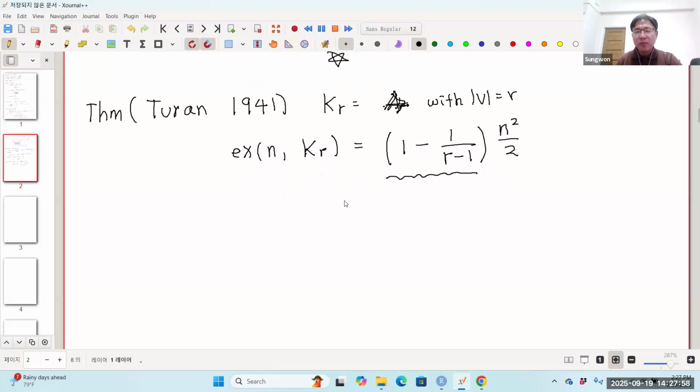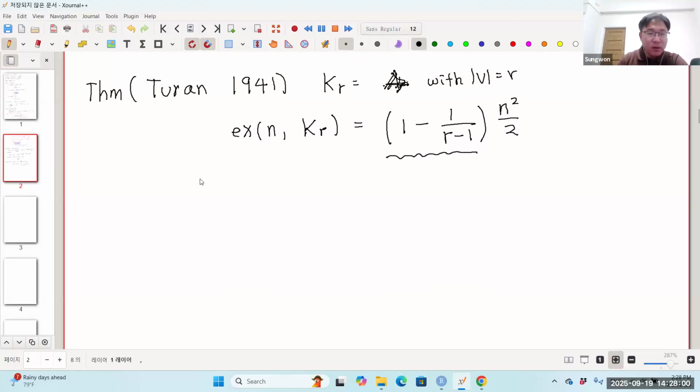And later, it's Kővári, Sós, and Turán, 1954.